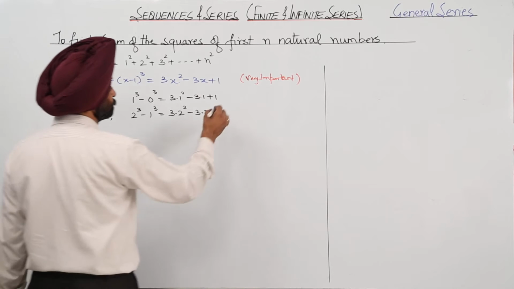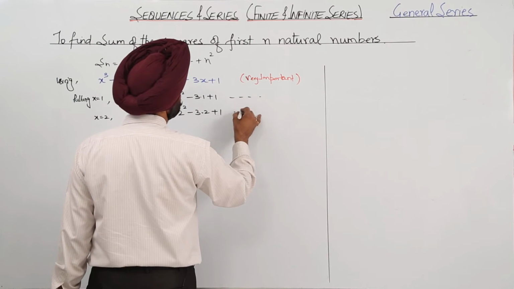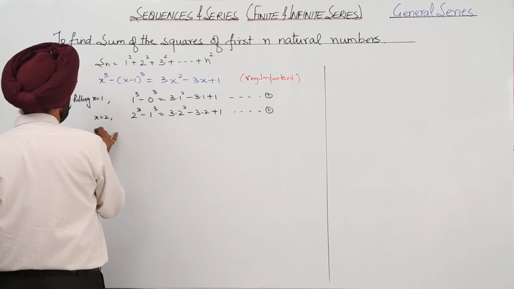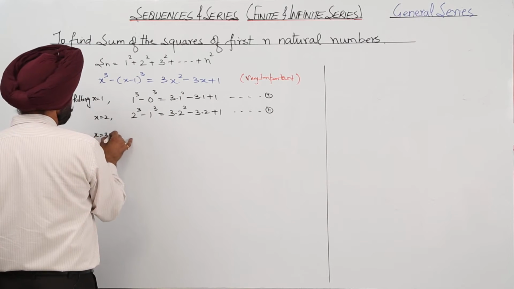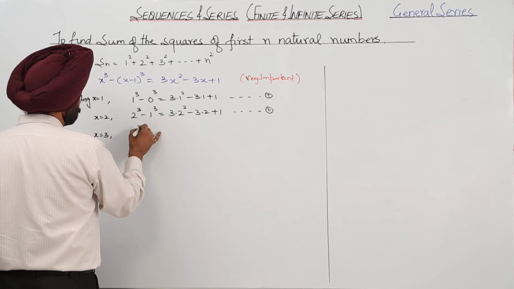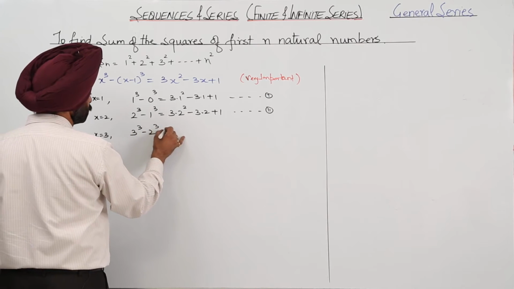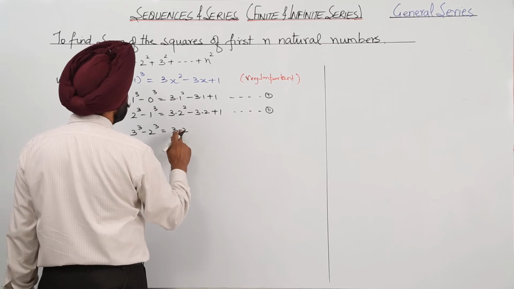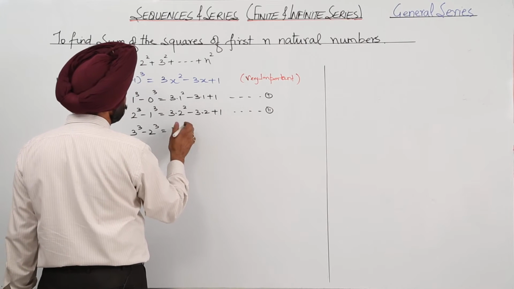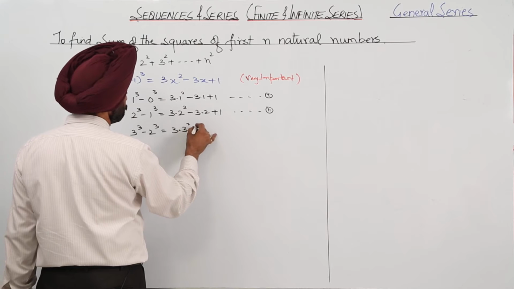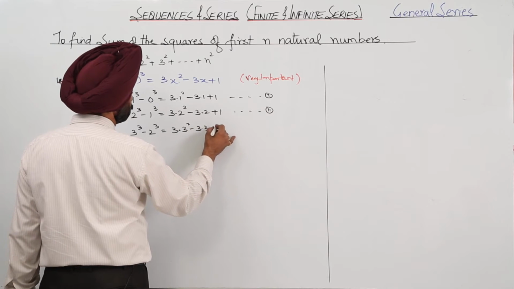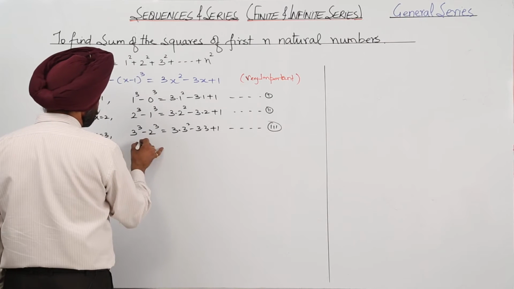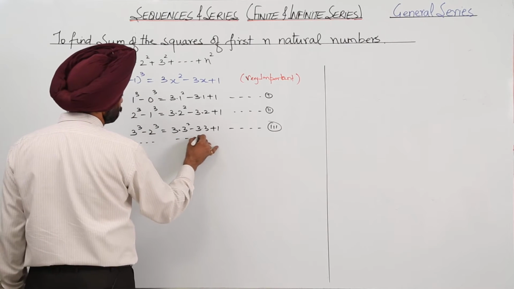For x equal to 3, 3 cube minus 2 cube equals 3 times 3 square minus 3 times 3 plus 1. Like this we can write a number of series.